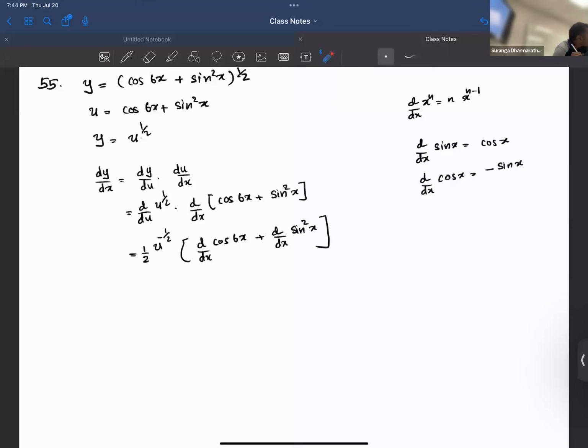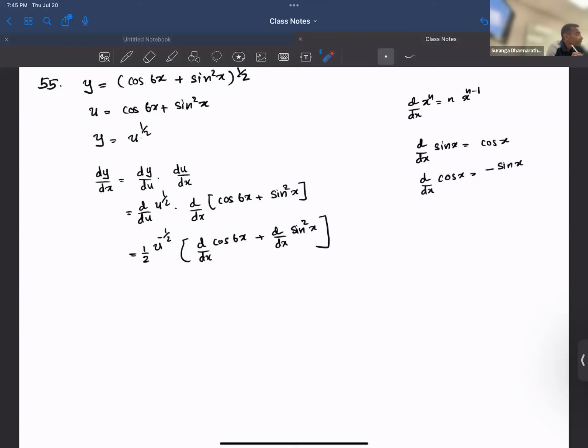How do we do that? Is it a composite function? Cosine of x we know, but we don't know cosine of 6x. How do you do that?